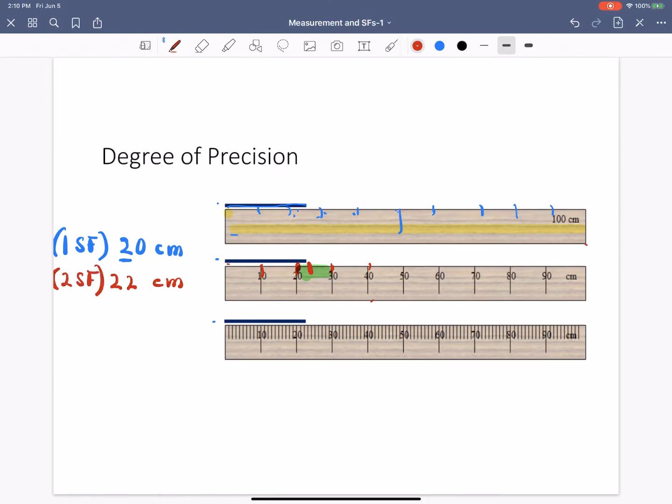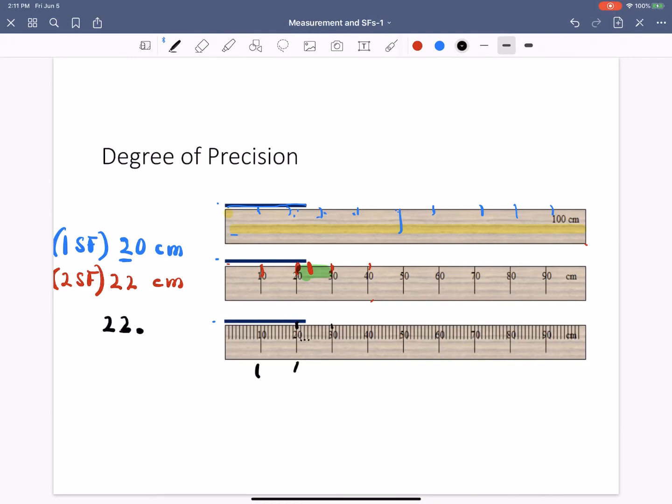Measuring that same object with a better tool, I now have the major division. The major division is the tens place, and I'm measuring it between 10 and 20. So tens place. And then the minor divisions, it's more than 2, but less than 3. So 22 point something.